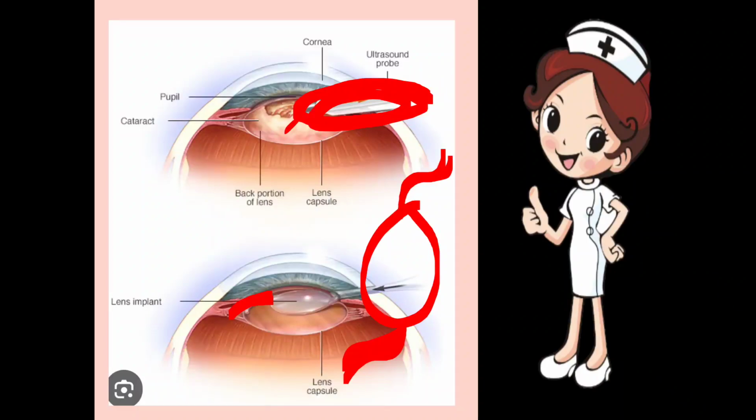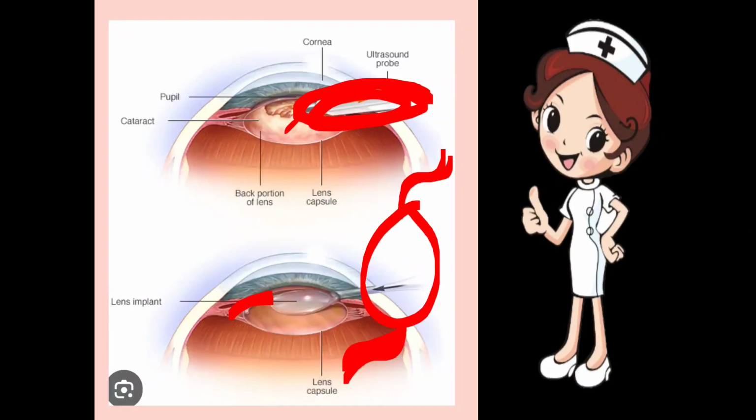Okay, when we are sucking the old lens from the patient's eye, the zonular fibers that were there holding the lens properly get broken. Zonular fibers perform the function of accommodation, when the lens has to become concave or convex.